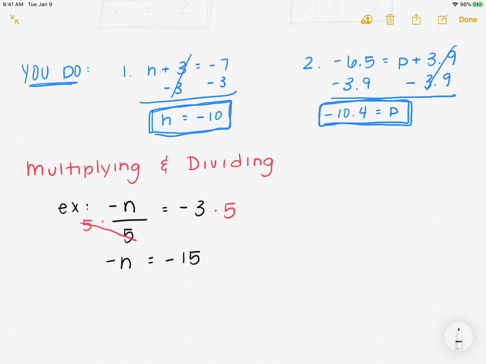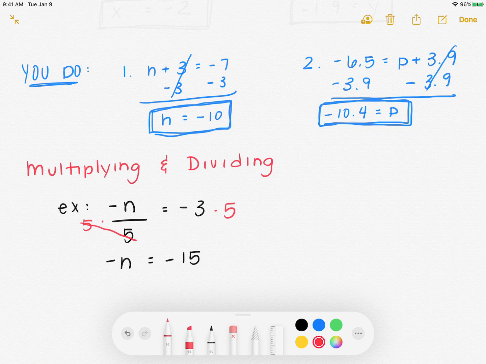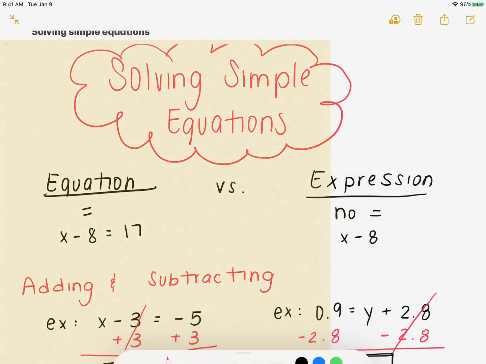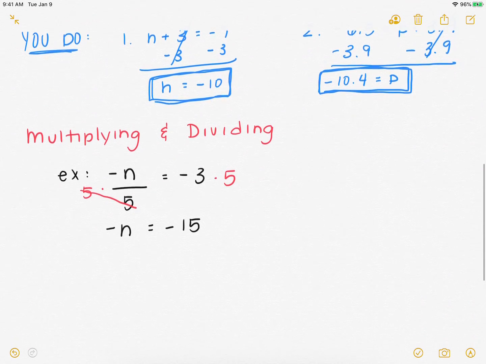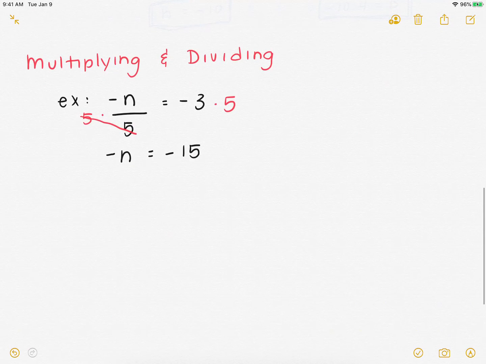And then in order to get rid of that negative sign, I've got to divide by a -1. Remember that trick?